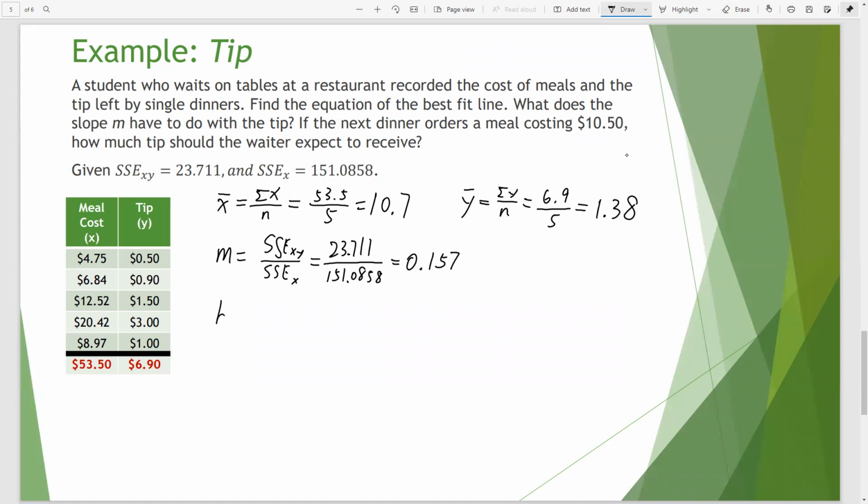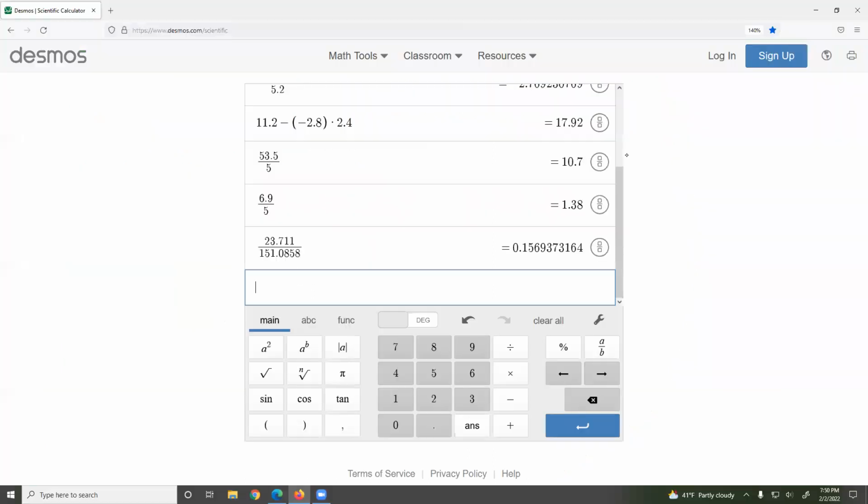0.157. And the y-intercept is y bar minus slope times x bar. Y bar is $1.38 minus slope, 0.157, times 10.7. 1.38 minus 0.157 times 10.7.